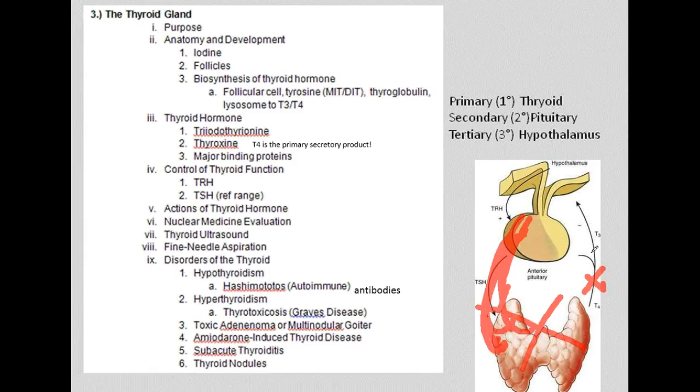So what we find is that my TSH is extremely high because my pituitary is still sending it, but the T4 is very low because the thyroid is broken. Many people get this wrong, okay? Make sure you know if someone's hypothyroid, the thyroid's not working, that TSH from the pituitary is going to keep trying.